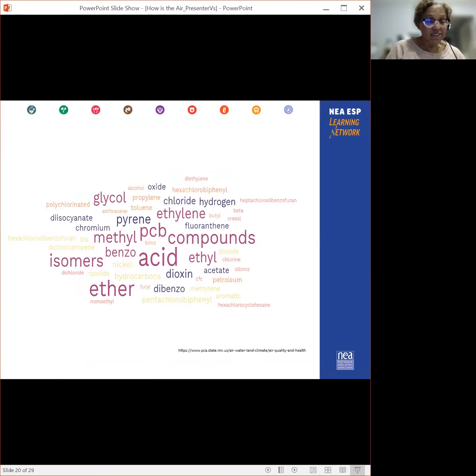Now, this is just a word cloud. I searched information about different particles that are in the air, mainly by way of emissions. And a number of you mentioned, I even saw PCBs and things that were mentioned earlier when we talked about what's in the air when it comes to industrialization. And so there are all these different things.